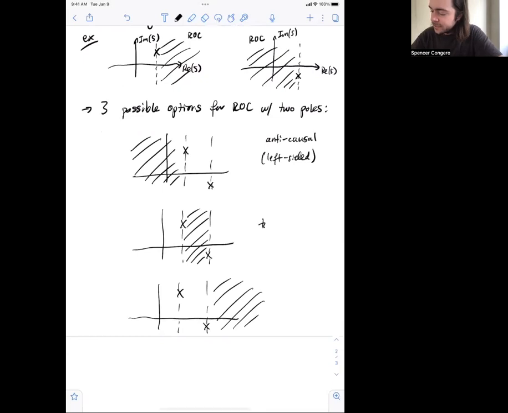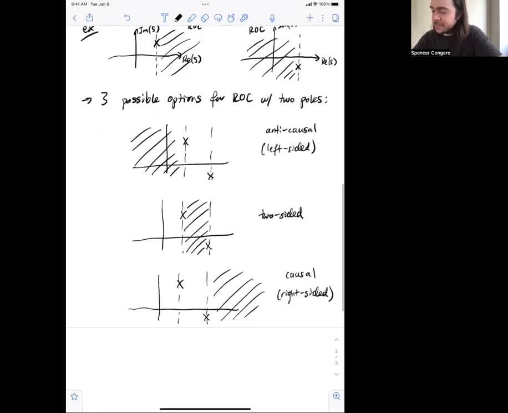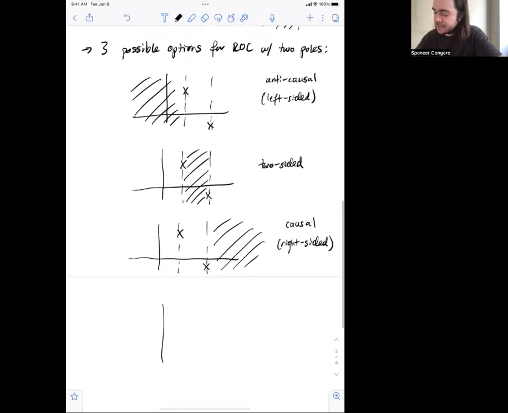Okay, here it's a two-sided situation. I think we saw an example of that as well. It's not right-sided, it's not left-sided, it's a strip. So the time function that had this Laplace transform with this ROC would be a two-sided function. And over here is the causal situation. This is right-sided.